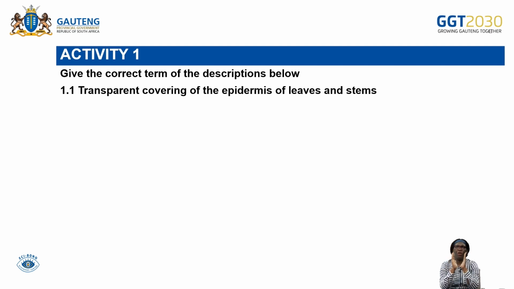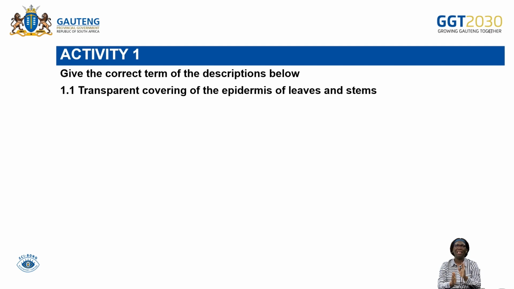Remember, before you answer any question, each and every question will have its instructions. It is very, very important that you read the instructions and understand how you are supposed to respond to that question. Like in activity 1, the instruction is give the correct term of the descriptions below.